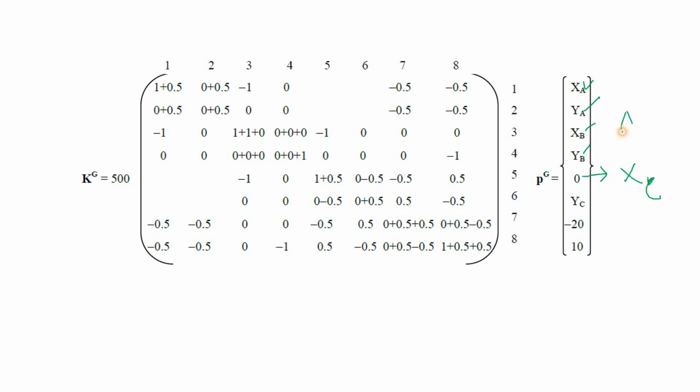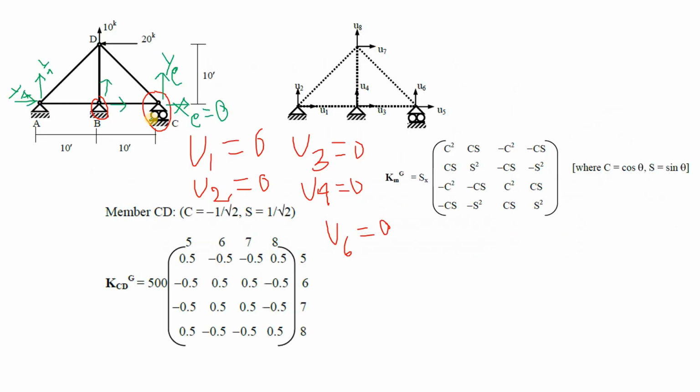Since that is a roller support, there is no restraint in the horizontal direction. That is why the horizontal force value is 0. Then we also have YC. Then right after that we have a horizontal force here, 20, and it is acting on the leftward side.